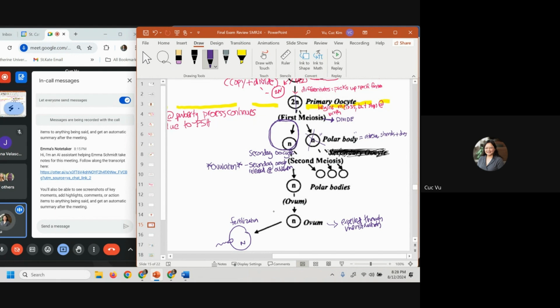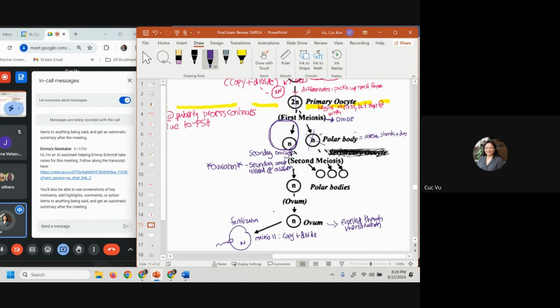Now, in meiosis 2, you have a copy and divide. And this is what doesn't make sense to a lot of people, because you're like, it doesn't need to copy and divide. So why? It's just the process that happens in nature with meiosis.